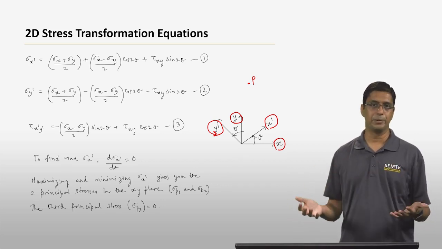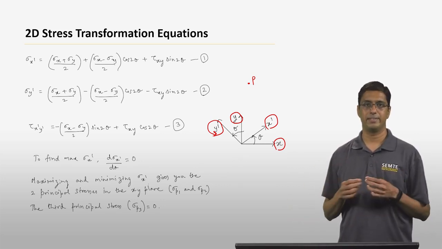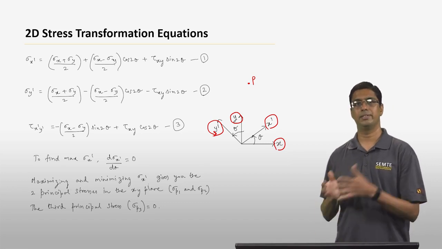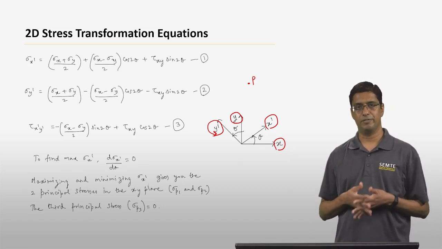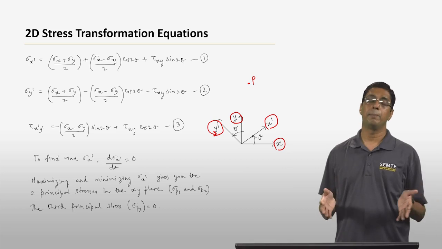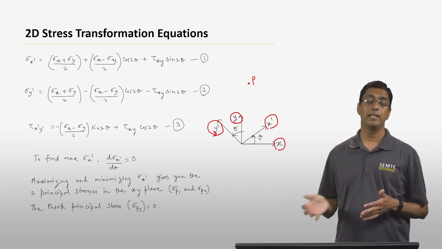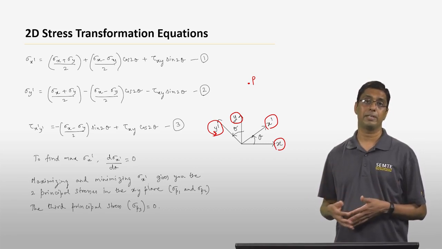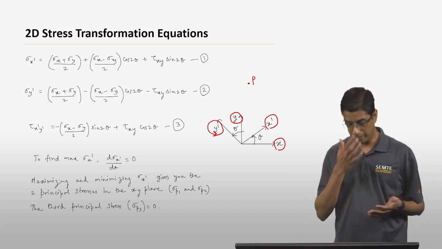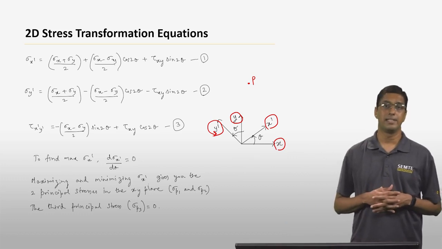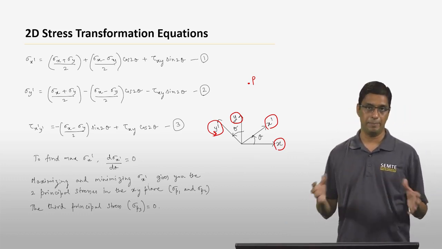And then you take the second derivative, make sure that it is less than 0. If that is less than 0, then whatever value of theta that you found corresponds to the maximum principal stress. If the second derivative is greater than 0, then the theta value that you found corresponds to the minimum principal stress. Okay, so that is how you calculate this sigma P1 and sigma P2.